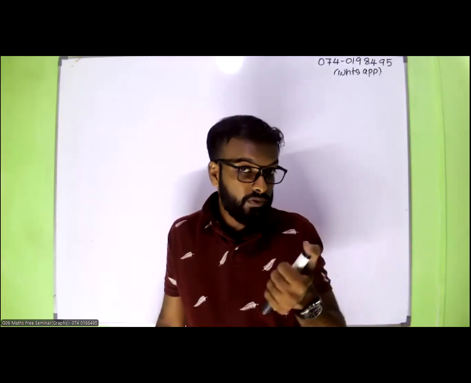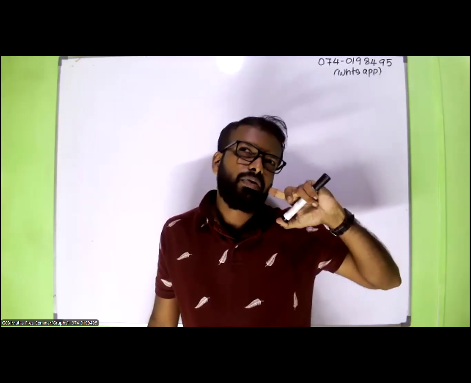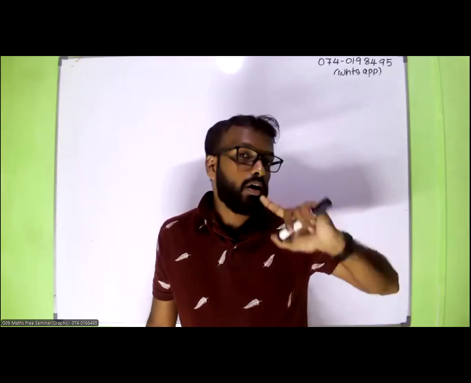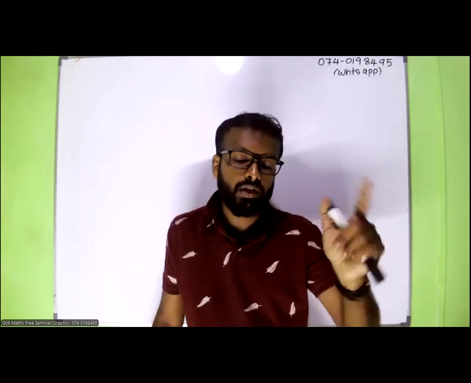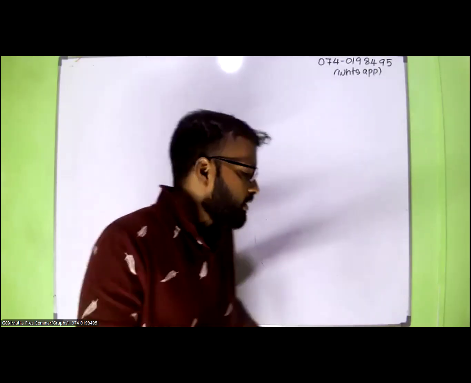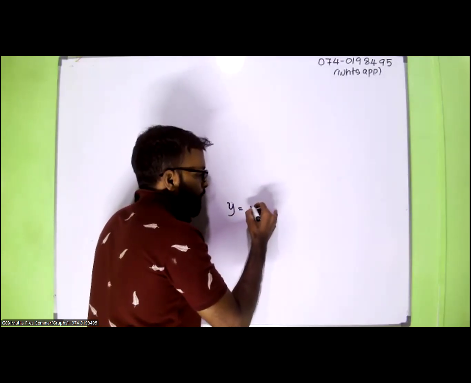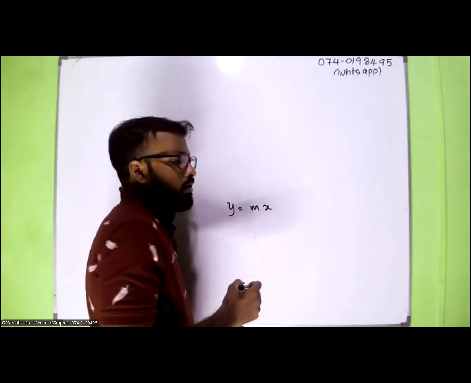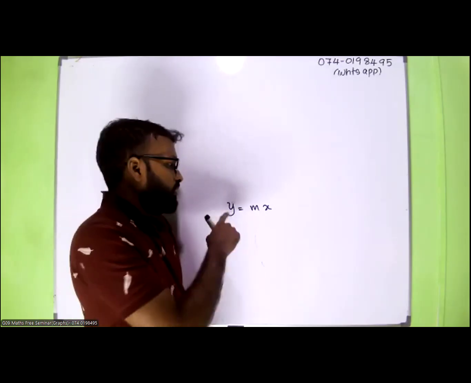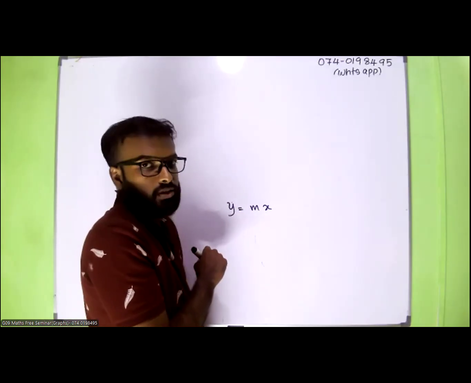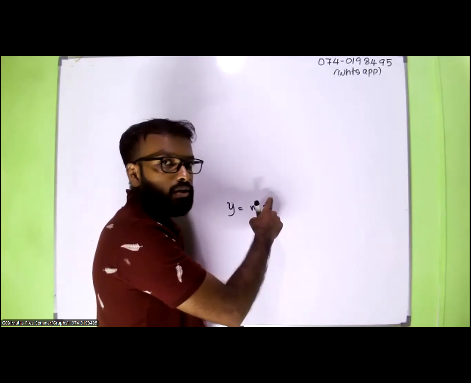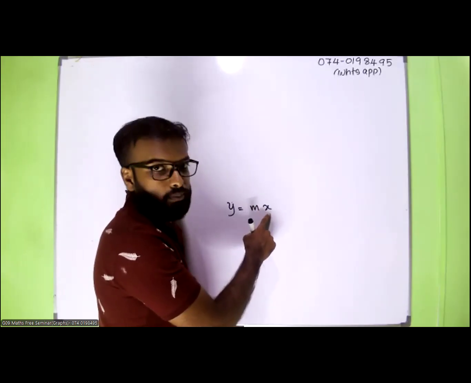At the beginning of the class, in the pre-session seminar part 1, I told you how to identify a linear function. You identify y equals mx as a linear function by looking at the index of the x term.